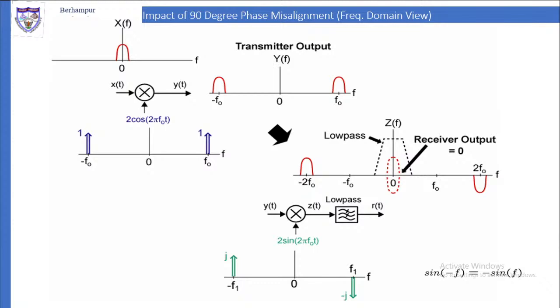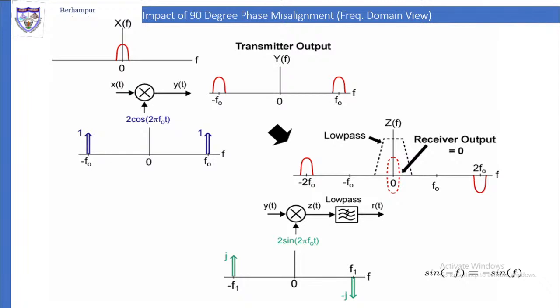Now the top figure, the transmitter output, we are not going to discuss. If you look at the receiver output, you see we have for the local oscillator 2 sine 2 pi f0t. And now 2 sine 2 pi f0t, if you consider its Fourier transform, then we have two values.